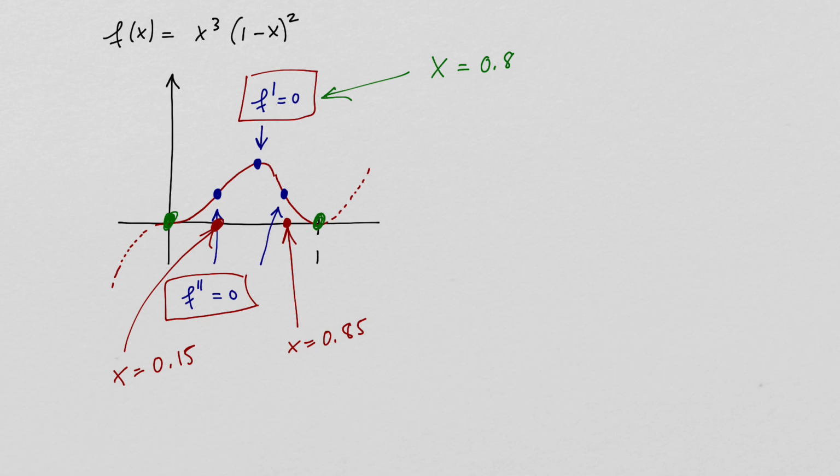So the maximum point for us is x equal to 0.8 and the two inflection points of this function when x is between 0 and 1 are approximately these points.